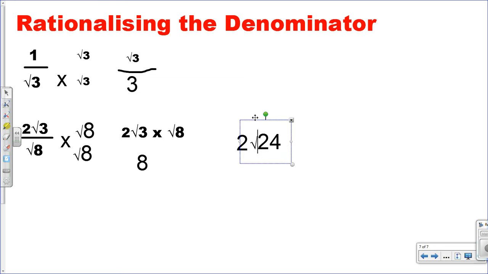So 2 square root 24 over 8. Get my bent line back out. So 2 square root 24 over 8.